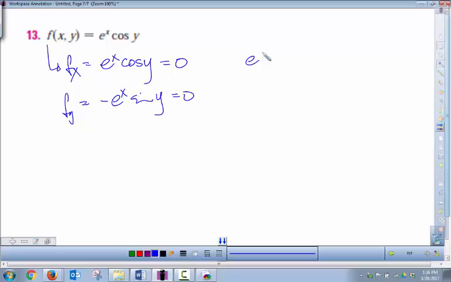If we set them equal to 0, looks like e to the x equals, well, each of them is equal to 0. Cosine y equal to 0. So x is equal to 1, and y is equal to, well, a whole bunch of them, right? Pi over 2 plus or minus n pi.